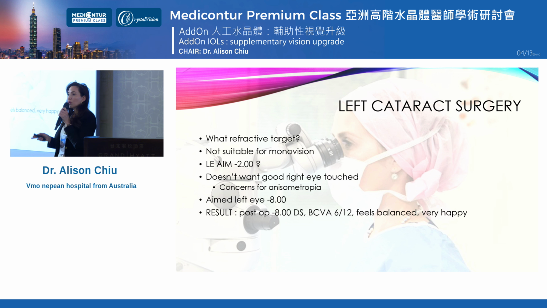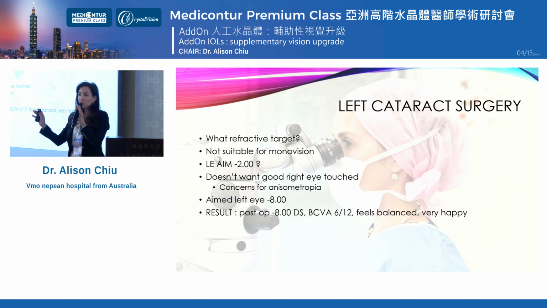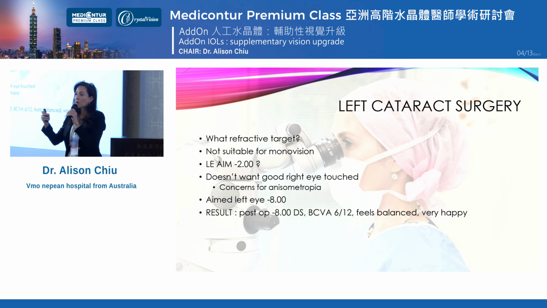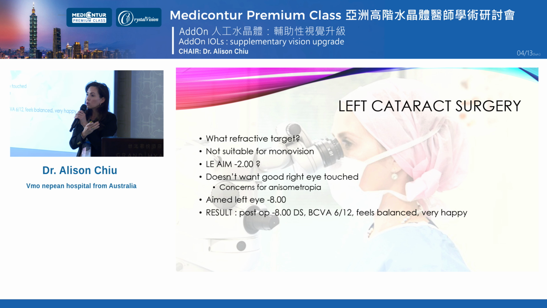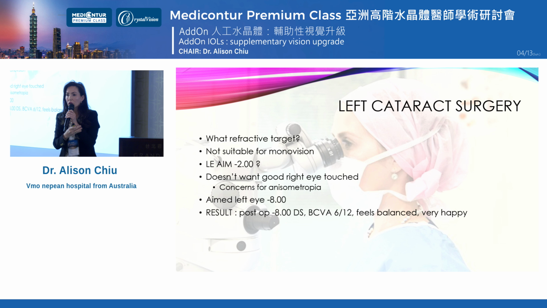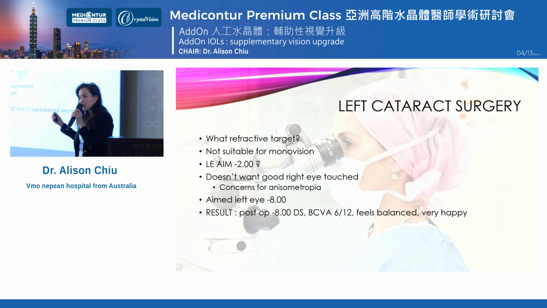And the discussion we had was, she was adamant she didn't want her right eye touched at this point. So we decided, let's aim -8, let's balance you out. And when you need your cataract surgery in your right eye, let's aim -2 or 2.5, whatever myopia you want to keep, and we'll put an add-on in this eye and balance her up.